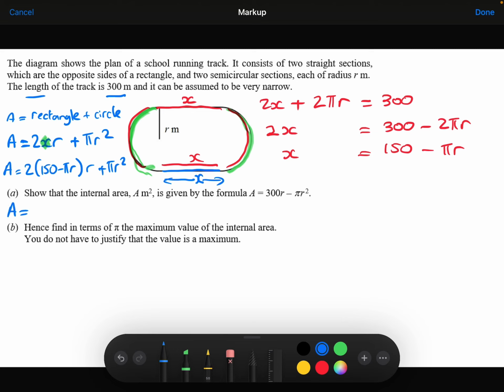So expanding that out then, the 2 times 150 is 300, multiplied by the r is 300r. We've then got the 2 times the minus pi r is minus 2 pi r times the r.